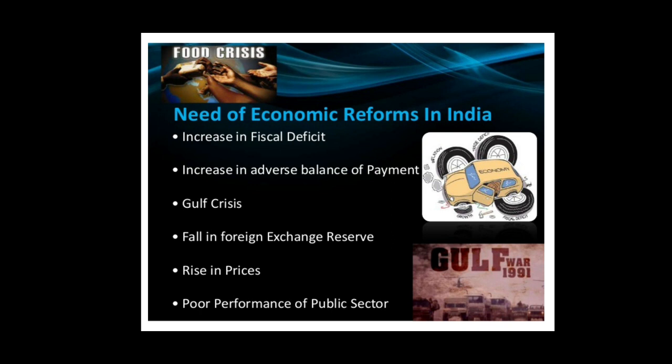The situation grew so bad that the Chandrasekhar government, which headed India between 10 November 1990 and 21 June 1991, had to mortgage the country's gold reserves with the World Bank in order to discharge its foreign debt servicing obligations. In such a state of crisis, the Indian government had to helplessly resort to the policy of liberalization as suggested by the World Bank.